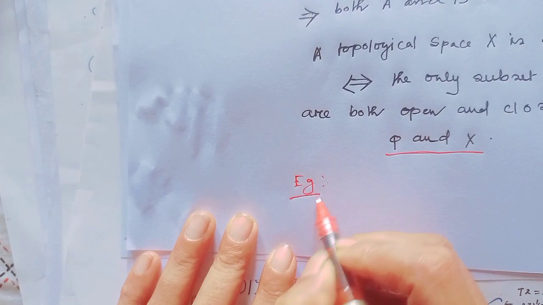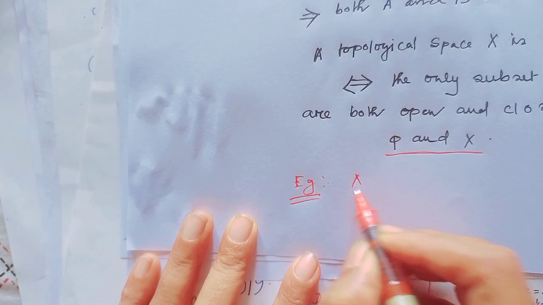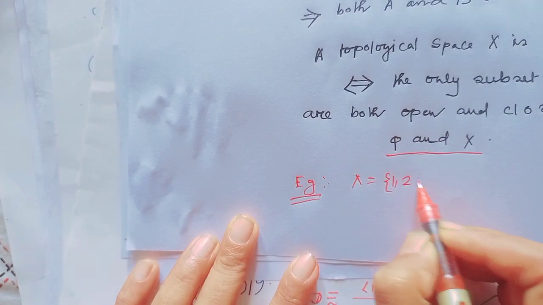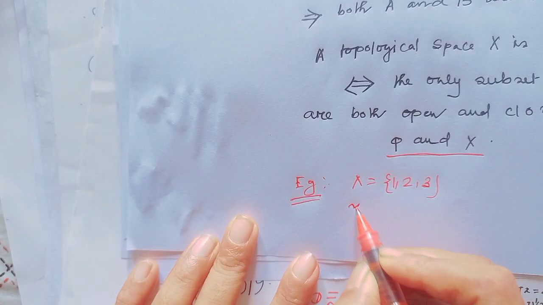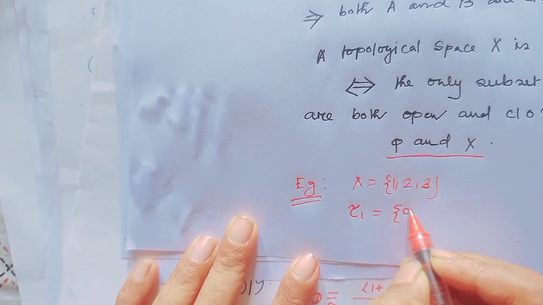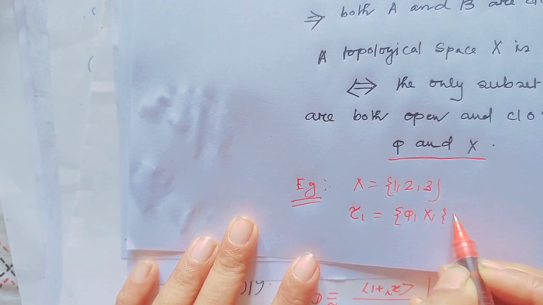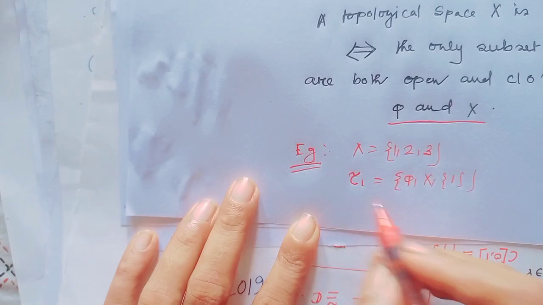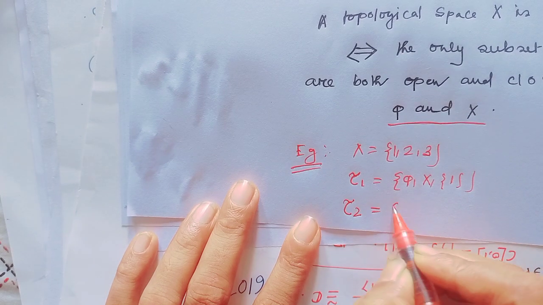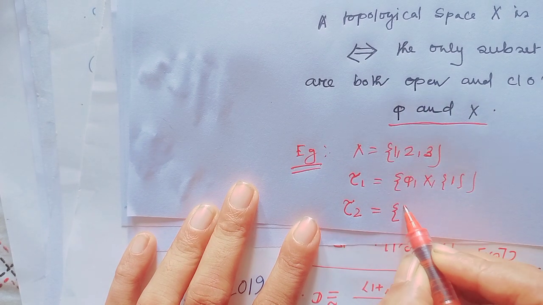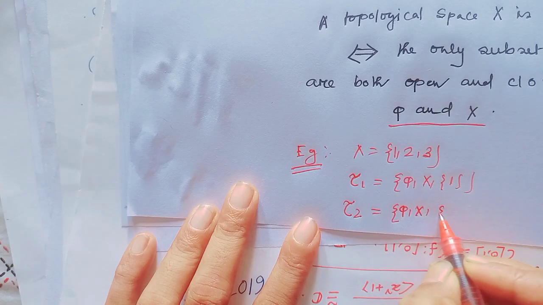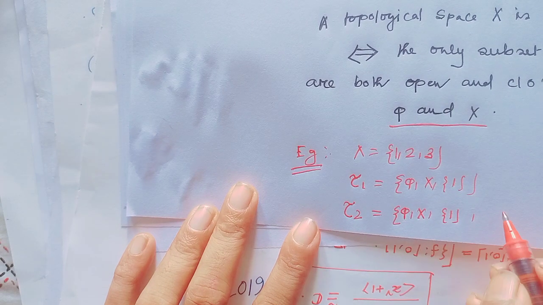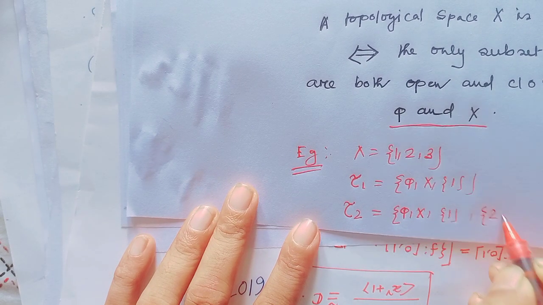Easy. Consider X equal to {1, 2, 3}, and consider the topology tau 1 equal to {phi, X, {1}} and the topology tau 2 equal to {phi, X, {1}, {2, 3}}.